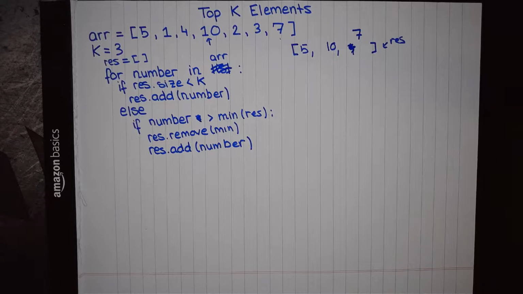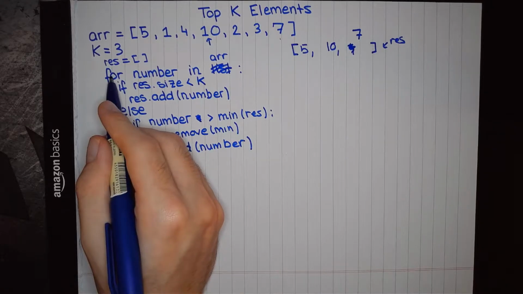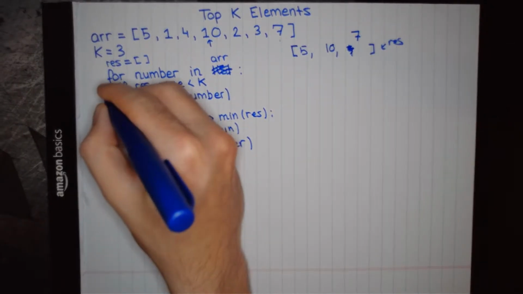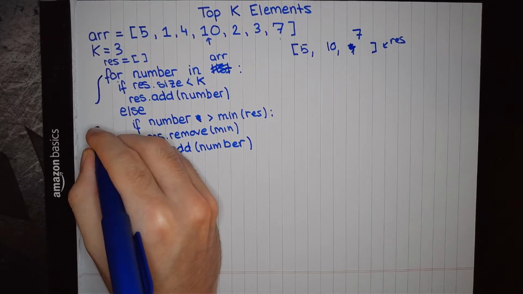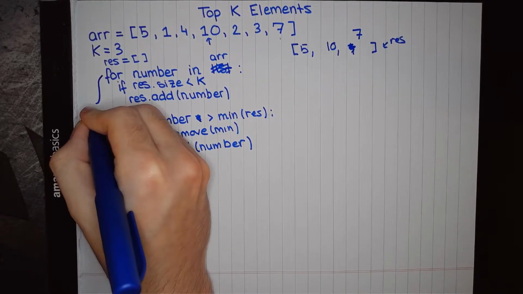So this is an approach and it works. It's a very straightforward approach. It's nice. But let's talk about the time and space complexity now. We have an outer loop here, which is O of n.